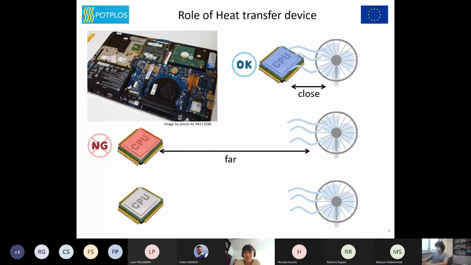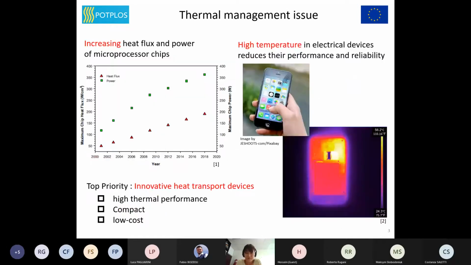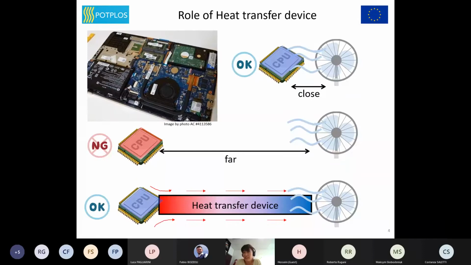By the way, why are heat transfer devices necessary? If the heat generating device is close to the cooling device, such as a fan, it is not necessary. Let's think about the case where the device is far from the fan. Using a heat transfer device between them, the heat is transferred by the heat transfer device, and the device can be cooled down.